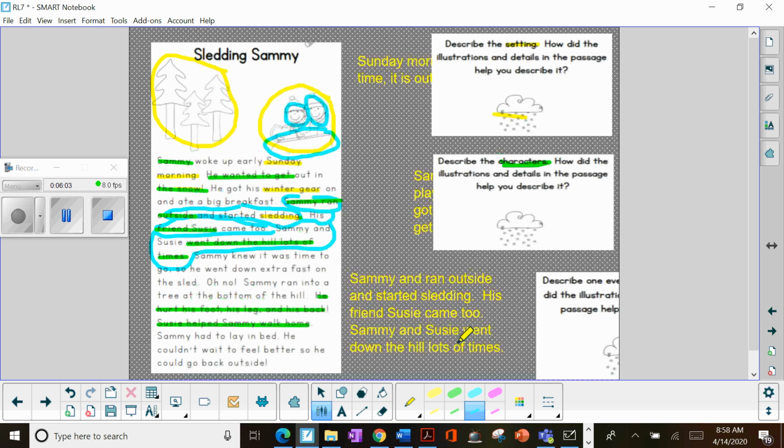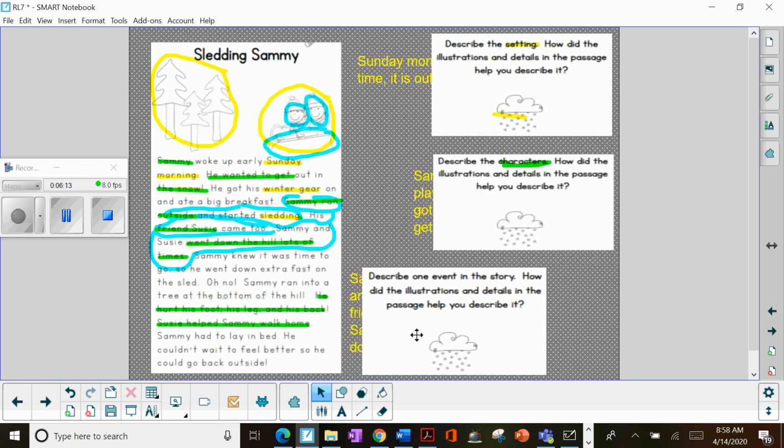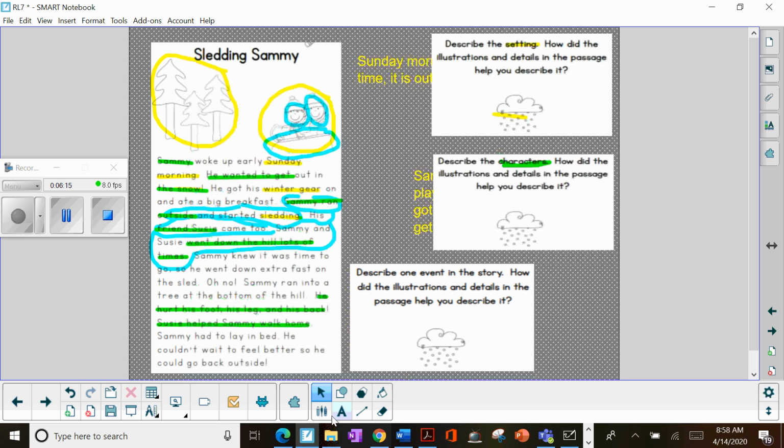And from the smiles on their faces, I can tell that they're having a good time. And move that there. And then we're going to highlight this one event in the story. All right. So this is how we use the pictures and the text to describe the setting, the characters, and the events in the story.